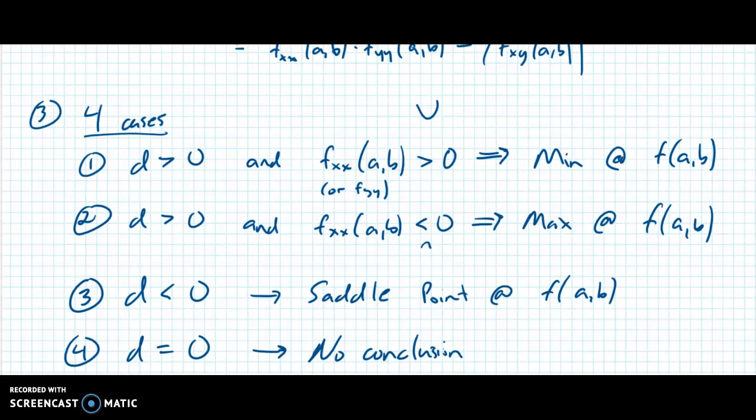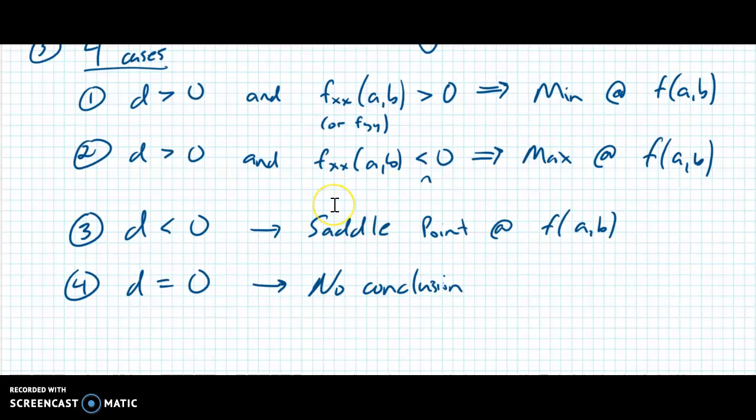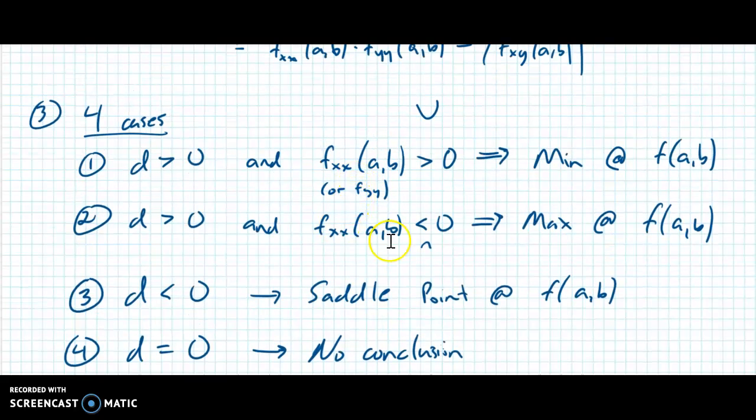It could have a saddle, it could have a min, it could have a max. We don't know. This does not happen a lot, so you don't have to worry about that. Hopefully you understand in general, and maybe I should write or f sub yy. I can look at either one.